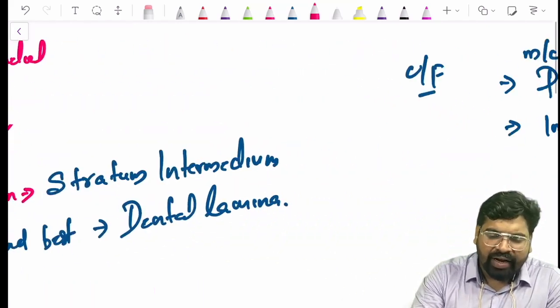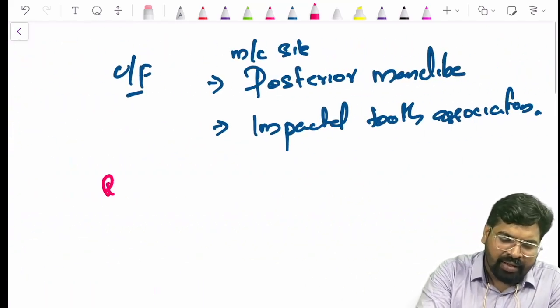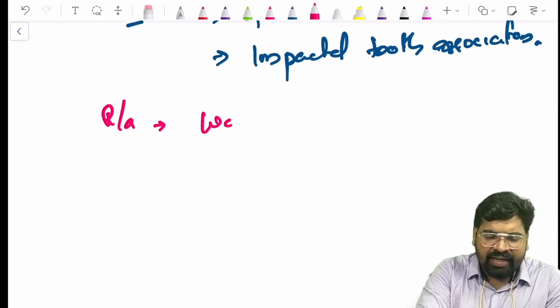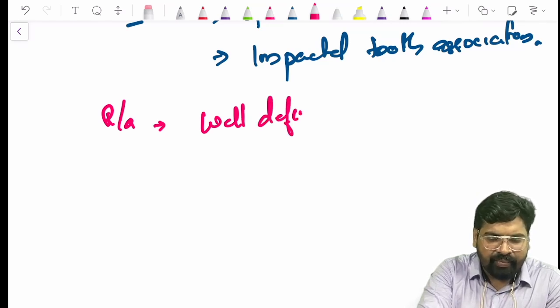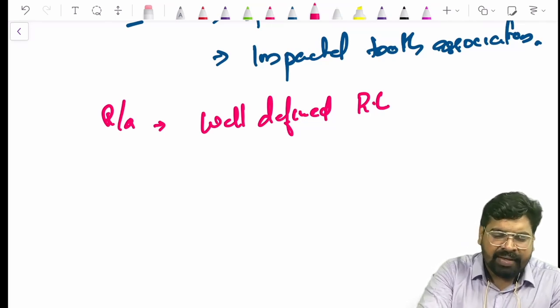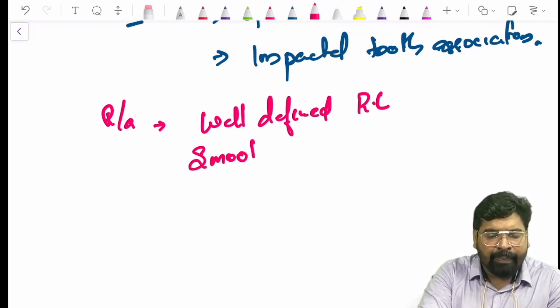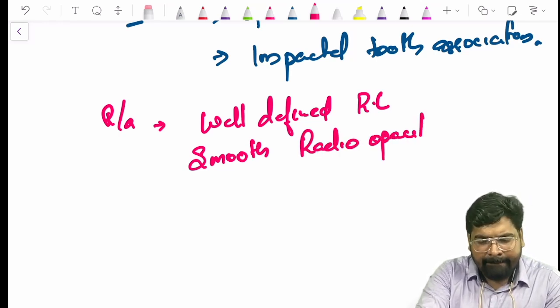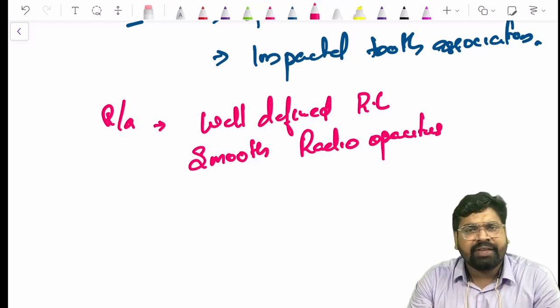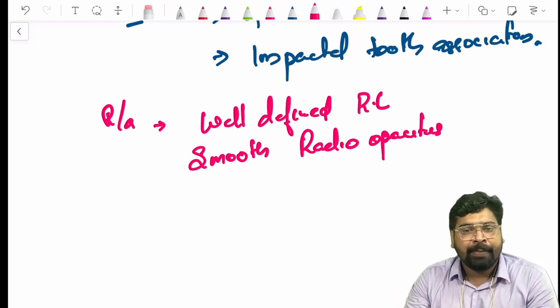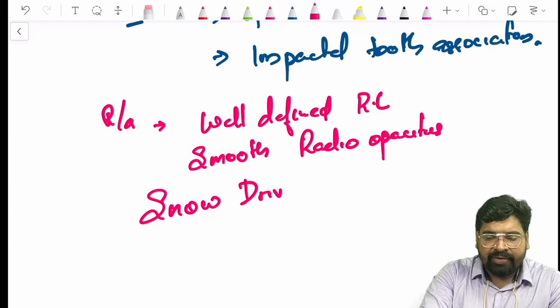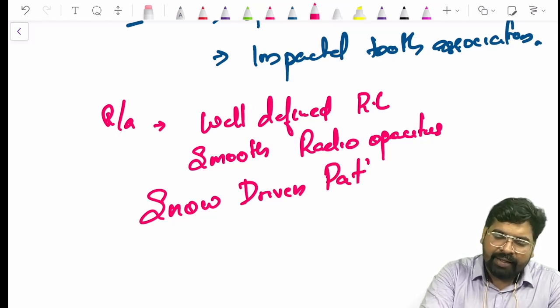About the radiographic features, you can see that there is a well-defined radiolucency, and there are smooth radiopacities. Those smooth radiopacities have a particular name, called the driven snow pattern. Driven snow pattern.